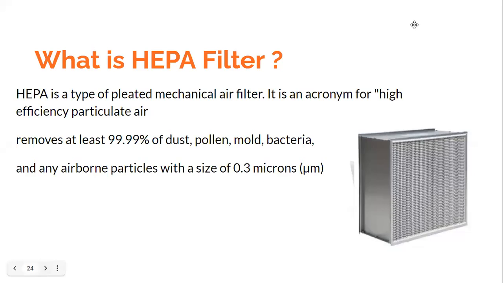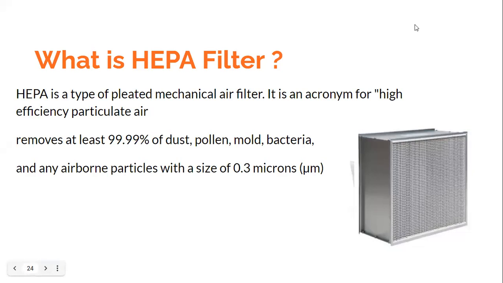What is a HEPA filter? HEPA is an acronym: H for high, E for efficiency, P for particulate, and A for air. So it's a high efficiency particulate air filter.